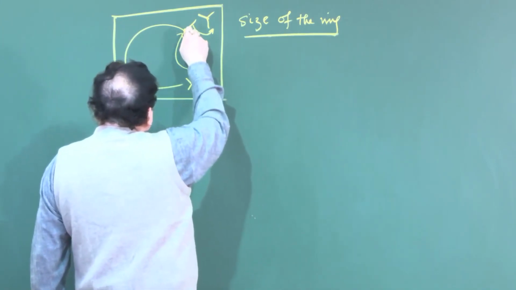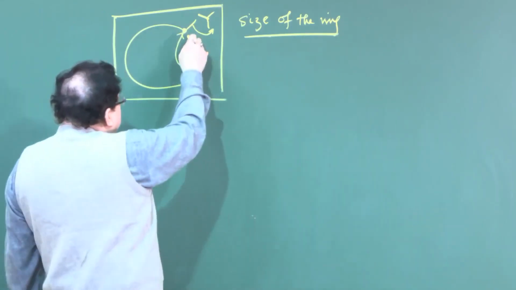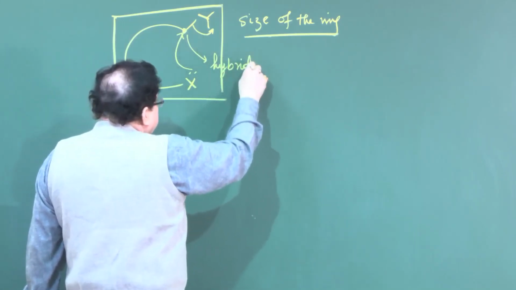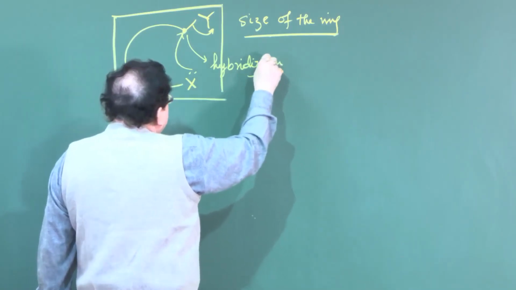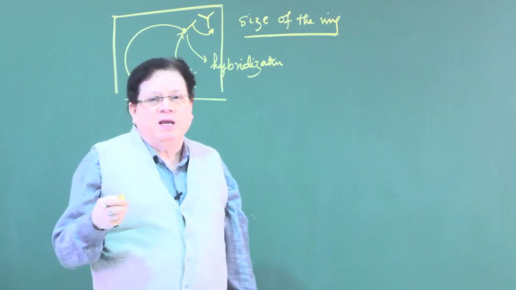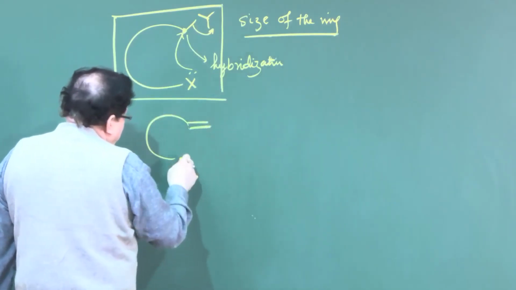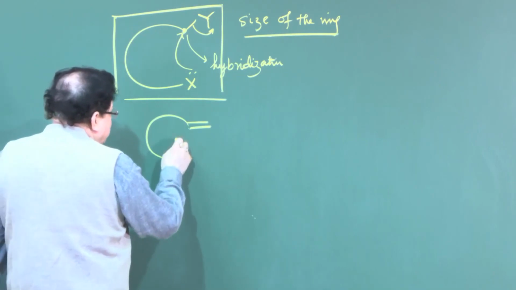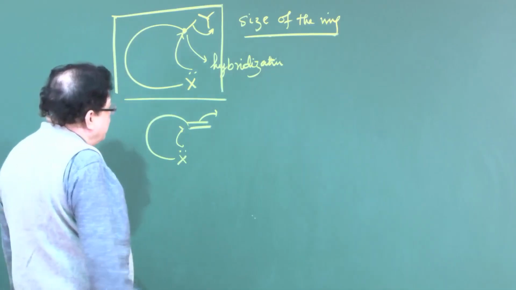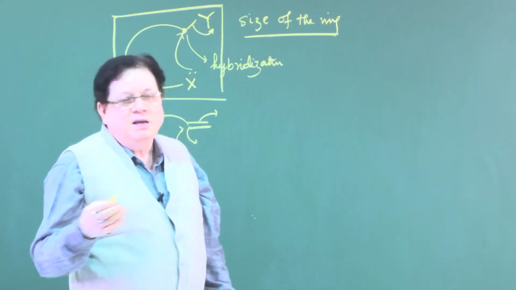Then the other parameter is the hybridization state of the carbon that is involved in the attack during the cyclization. The one that I have shown here is tetrahedral, sp3 hybridized. But it could be of different types. You can have a double bond here and a nucleophile; you can add this X onto the double bond, but in that case the carbon being attacked is sp2 hybridized.